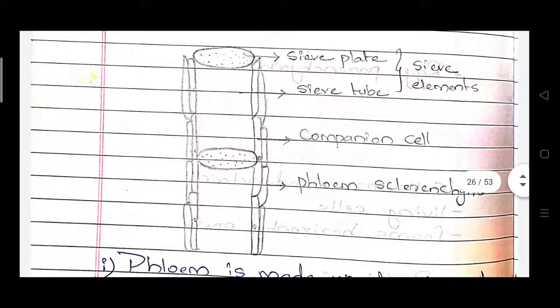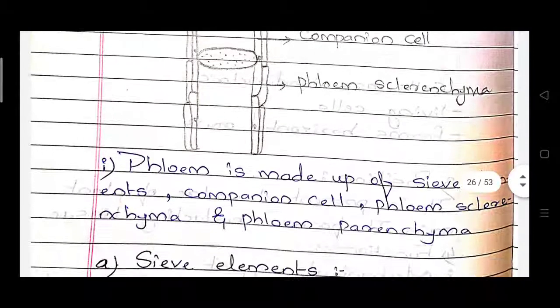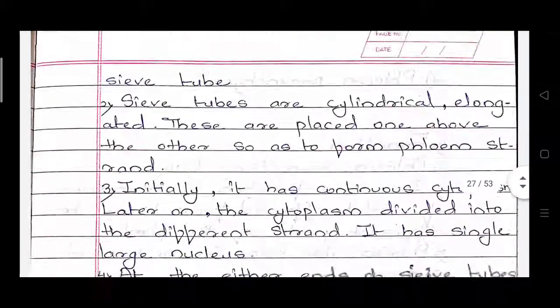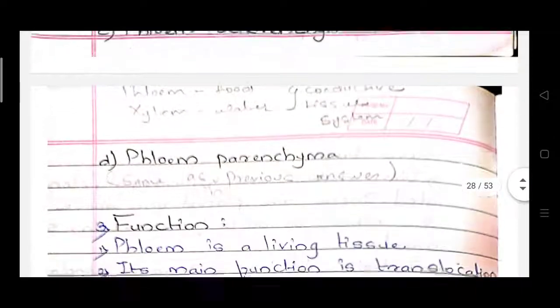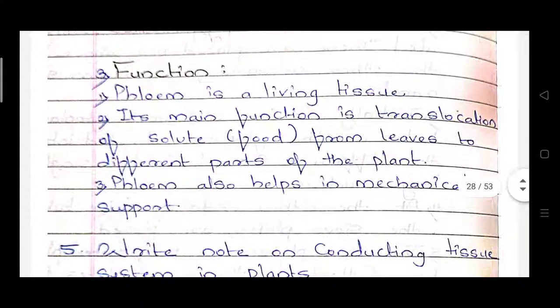Sieve elements are collectively sieve plate and sieve tubes. Regarding the function of the phloem, the main function is the translocation of solutes from leaves to the different parts of the plant, and it helps in mechanical support. So this is the overall picture of the mechanical tissue system in plants.